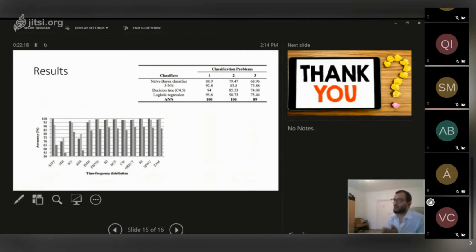They wanted to show that for different time frequency feature extraction and different classifiers, it's important to consider which classifier is applied to which time frequency distribution. Well, yeah, that's it.